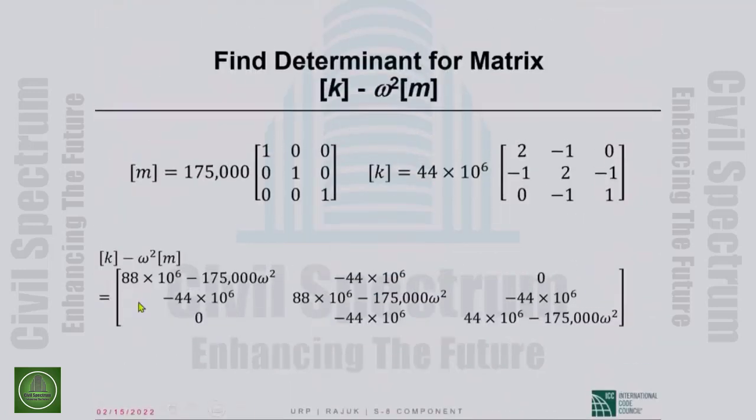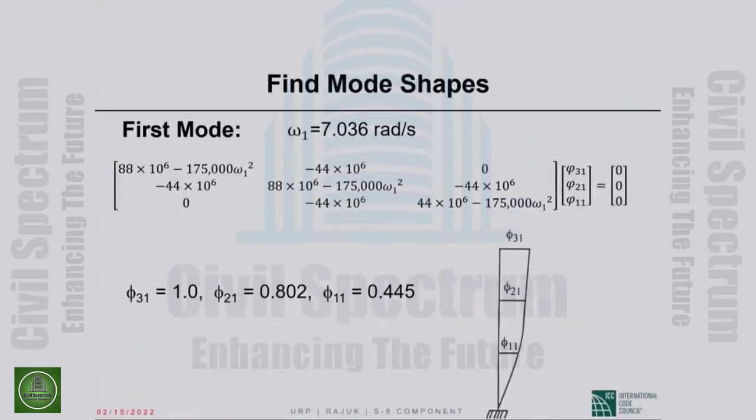By setting the determinant of that matrix equal to 0, we obtained 3 modal periods or 3 modal circular frequencies. And these values are at the top of this slide and the next 2 slides. So this is obtained by setting the determinant of the K minus omega squared M matrix to 0.